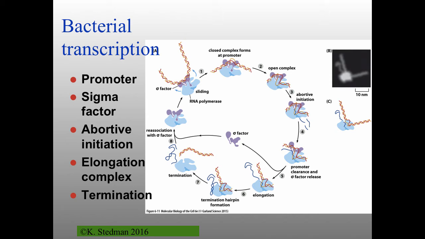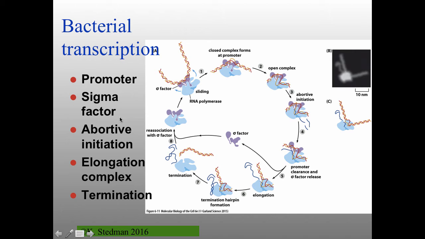And so it's probably part of this step, the regulation between getting started and moving forward. In some cases you'll have more abortive initiation at some promoters, sometimes less at different promoters. But it also gives you a place where you can regulate how much of the RNA is actually being made. And we'll talk more about that when we talk about regulation a little bit later on.